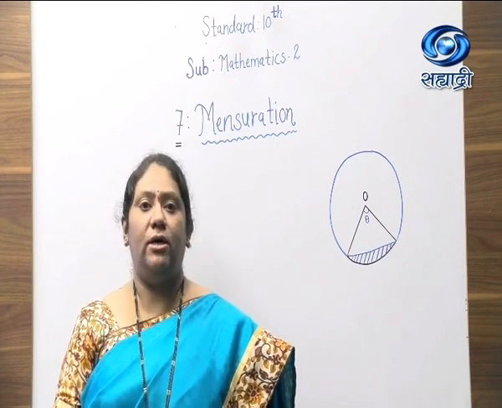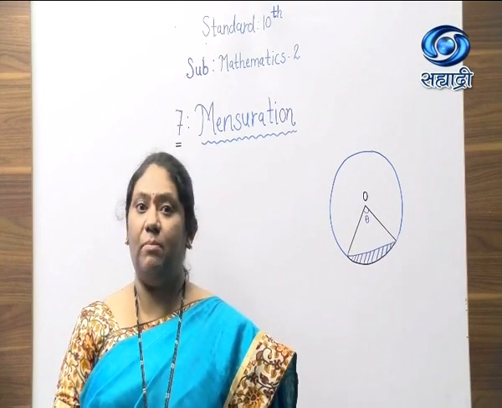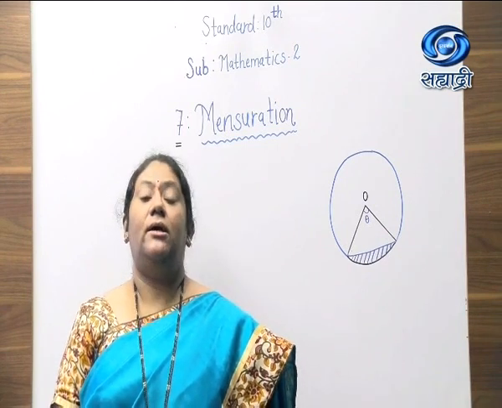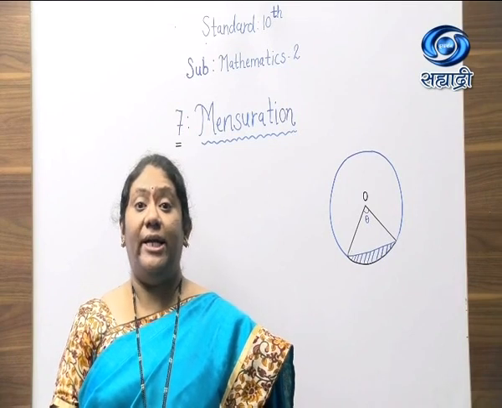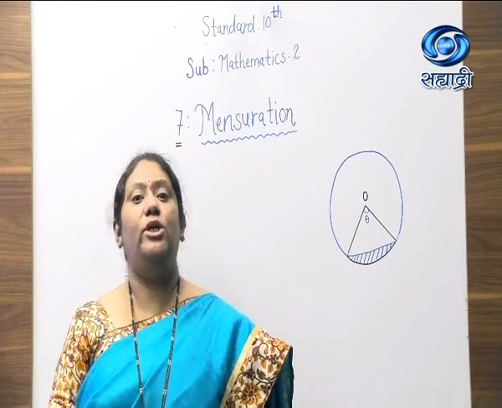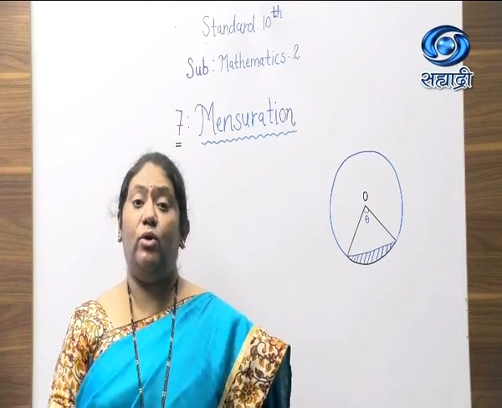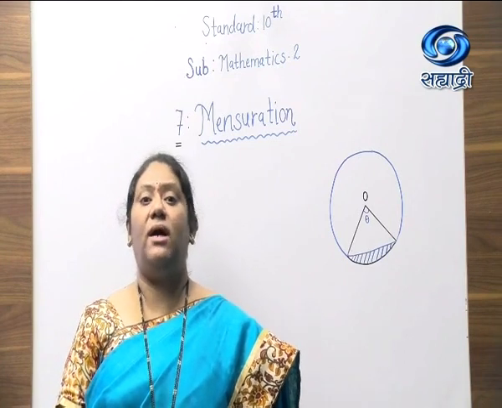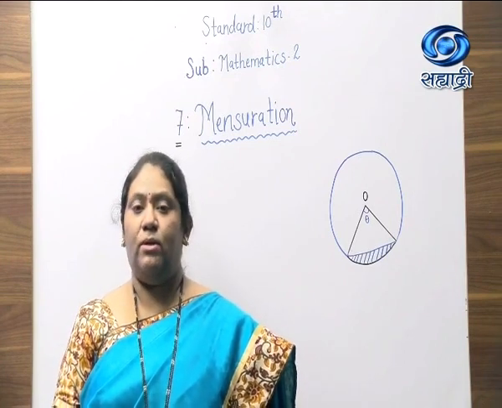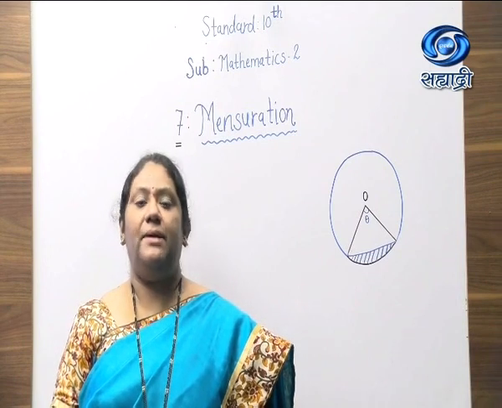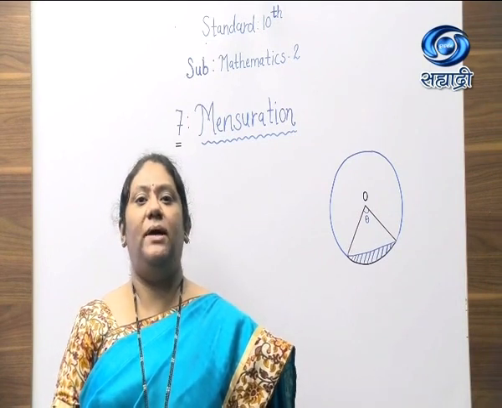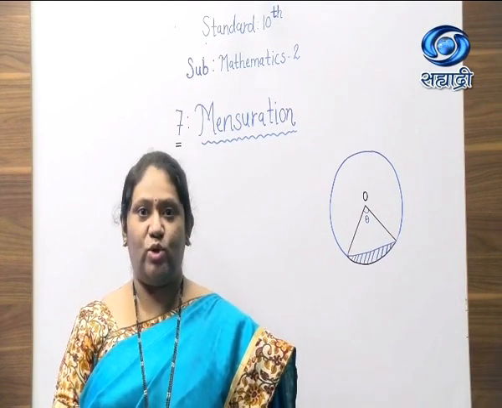As I have told you earlier, you have to visualize the example and find out the answer, do the calculations properly, and then only you will get full marks in this chapter. So study properly, practice hard, and all the best for your future. Thank you so much.